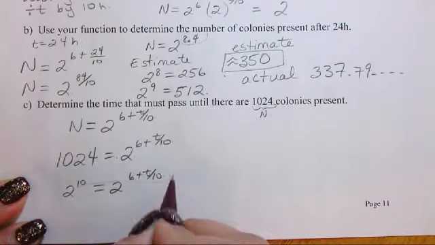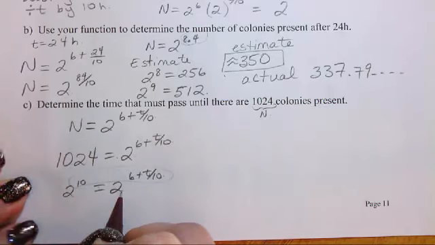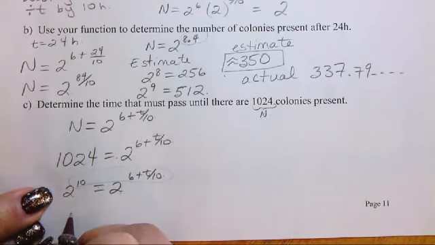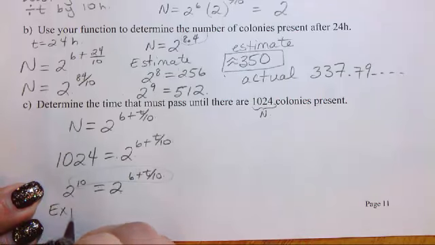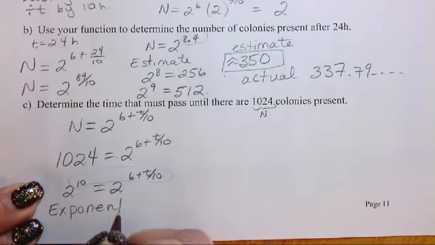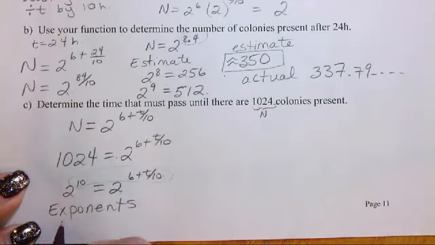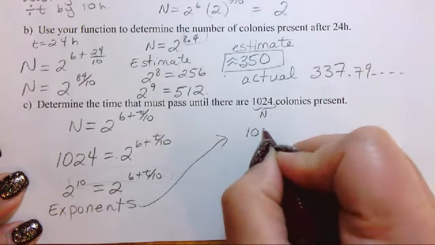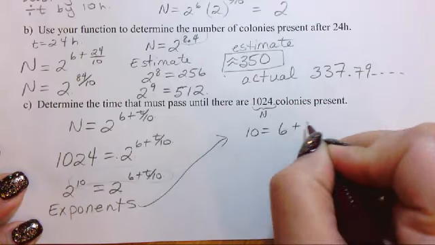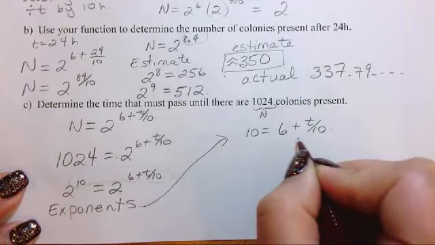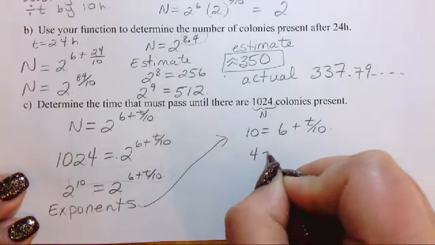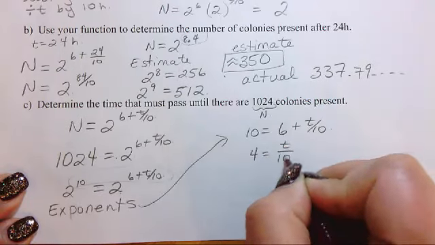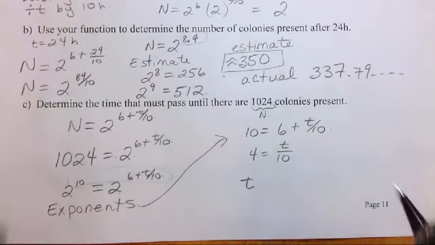Solving my exponents, because I've got the same base, I have 10 equals 6 plus t over 10. Subtract 6 on both sides, I end up with 4 equals t over 10, and then multiply both sides by 10.